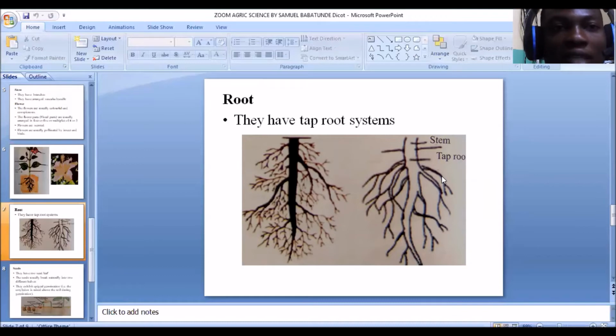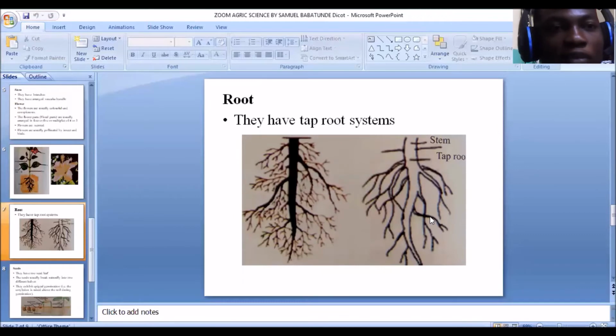But that of a dicot plant has a taproot. From the name taproot, it has a root that goes deep into the ground to tap water to get the water supply. As you can see from this diagram, this is a taproot system. The root will go down to get access to water, unlike the monocot root, which is fibrous.